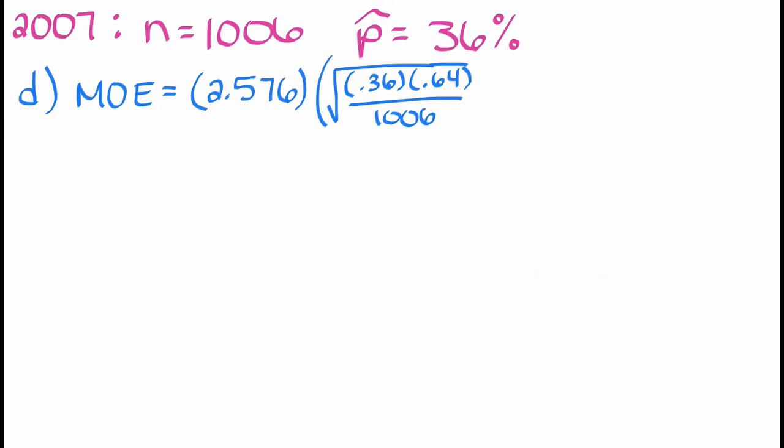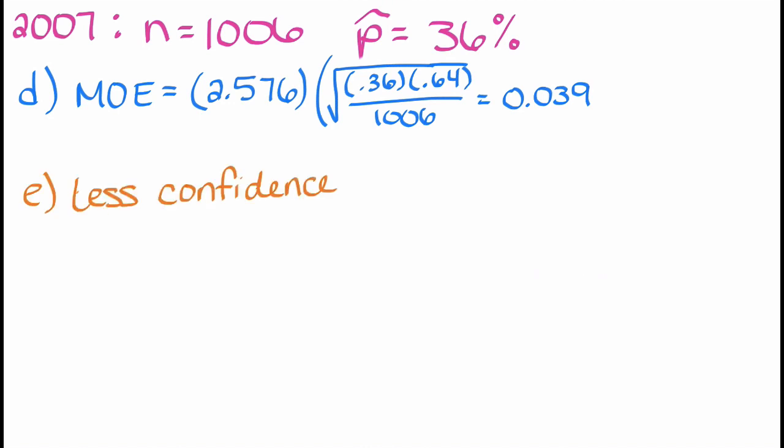Part D, they wanted us to find the margin of error when our z star was 2.576. Multiplying that, I get 0.039. So what happens is we become less confident, because before we had 2.5, now we have 3.9.